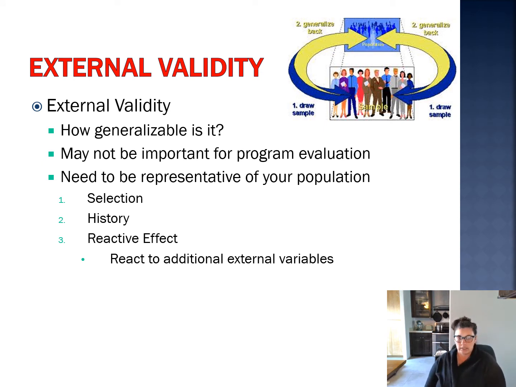External validity. External validity simply means how generalizable is what you are researching. Can you generalize from your sample to the population? Say we're doing a case study. You cannot generalize from one person to the general population. What if you're doing a case study of a business like Verizon? You can't generalize from the case study of Verizon.